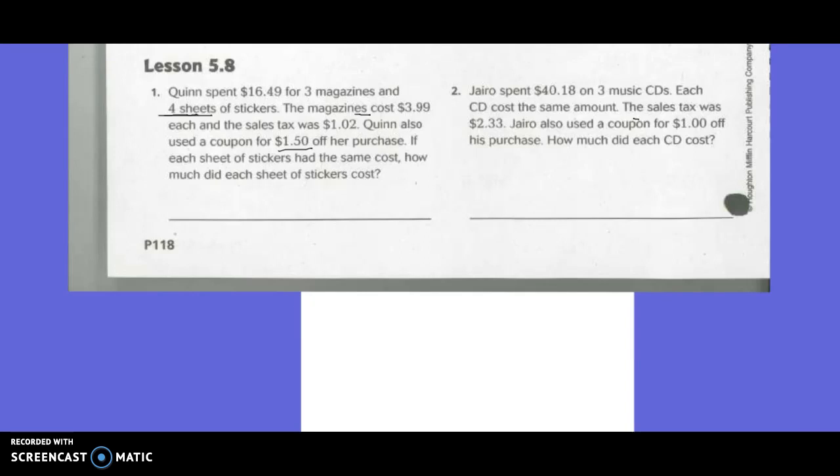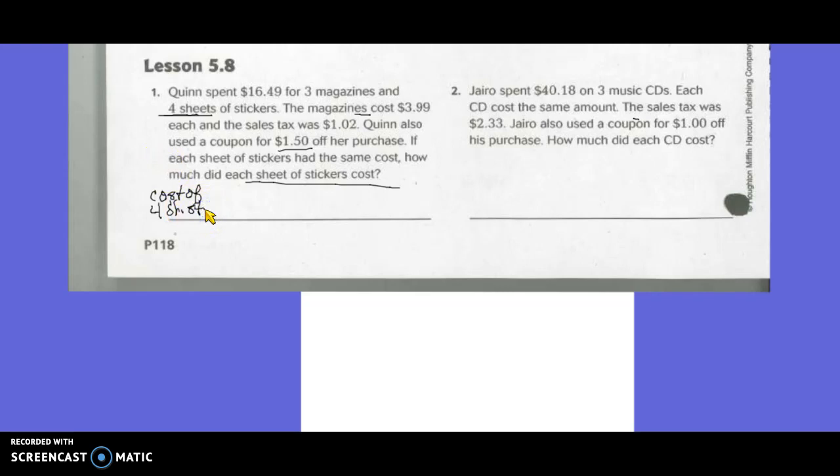The magazines cost $3.99 each. And the sales tax is $1.02. Quinn also had a coupon for $1.50 off the purchase. If each sheet of stickers had the same cost, how much did each sheet of stickers cost? So that is what we want to know: the cost of 4 sheets of stickers.